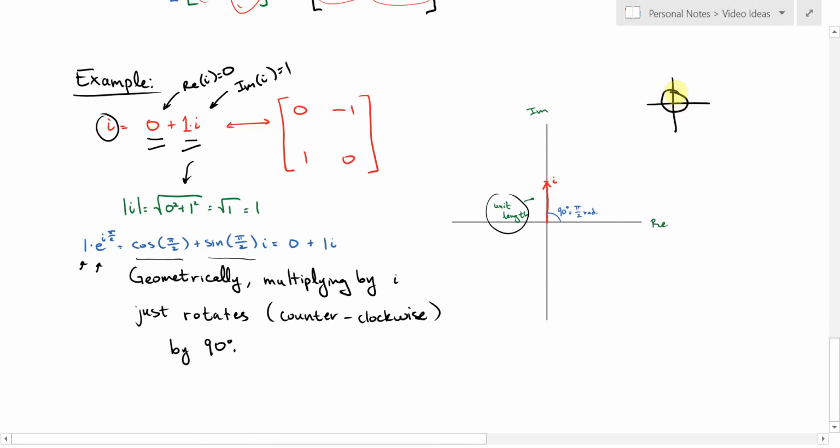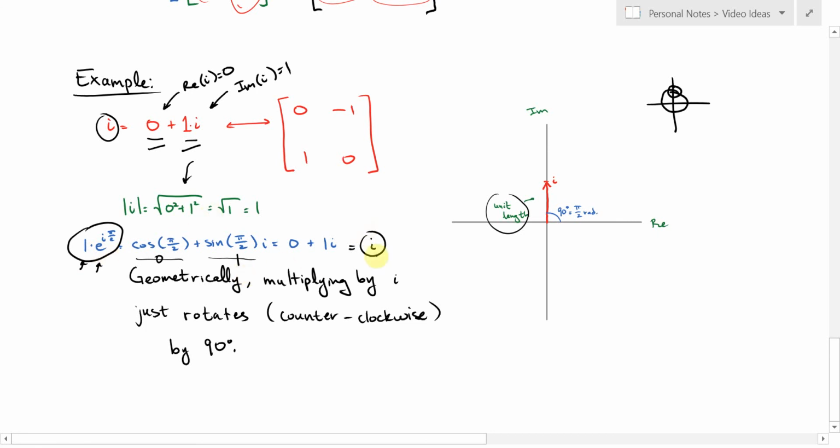The x-coordinate is always the cosine, and the y-coordinate is always sine. So pi halves would put us at the top of the circle, which has an x-coordinate of 0, so that's 0, and a y-coordinate of 1. So that'd be 0 plus 1i, which is just I. So indeed, 1 times e to the I pi halves is indeed equal to I. It has unit length, it has angle pi halves.